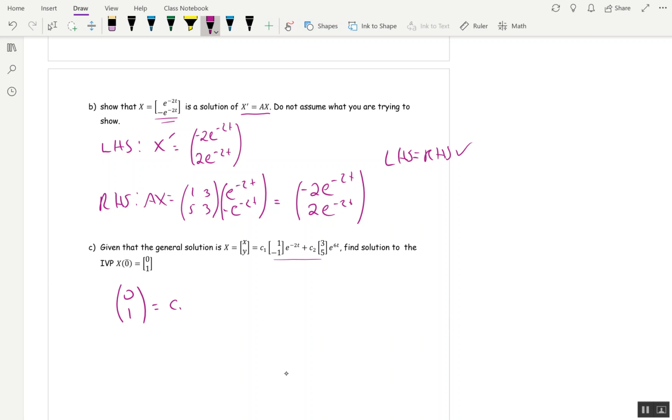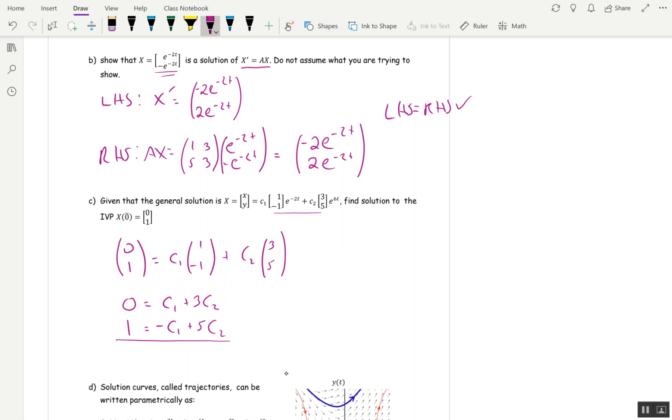So I get C1, 1, negative 1, plus C2, 3, 5. Distribute the C1 and the C2 and write down your two equations. That's C1 plus 3C2, and 1 equals negative C1 plus 5C2.